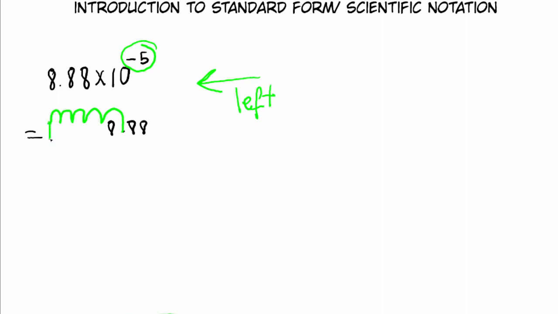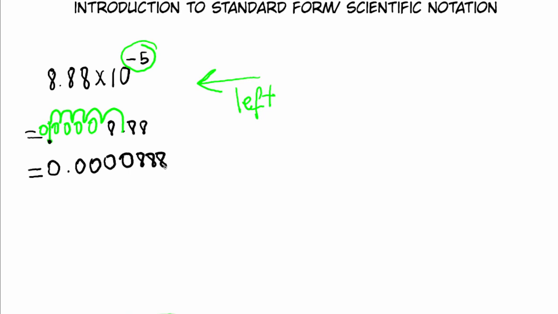Our decimal point would end up being here. Let's fill these spaces with zeros. And let's also put a 0 here before the decimal point. What are we left with? 0.0000888, and that is the final answer for this one.